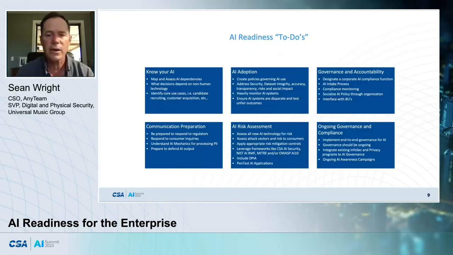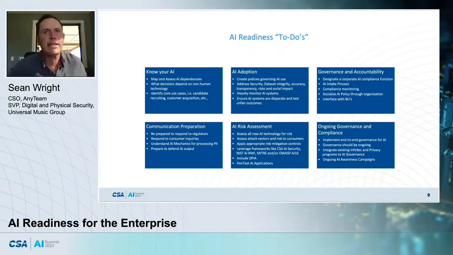Put thought into an AI risk assessment. Either through a third party, or if you have something that you want to develop internally, this is critical to assessing what you're doing with AI technology within your environment, assessing all new AI technology for risk.